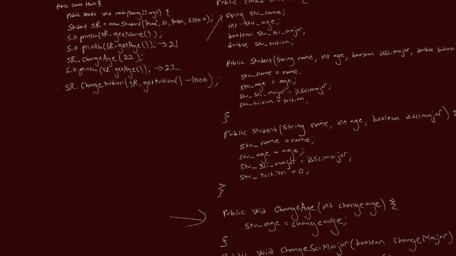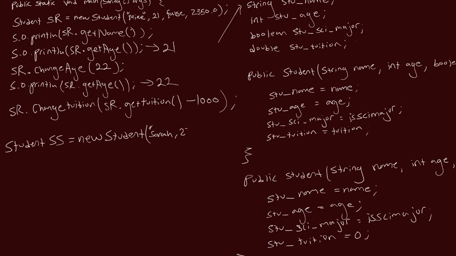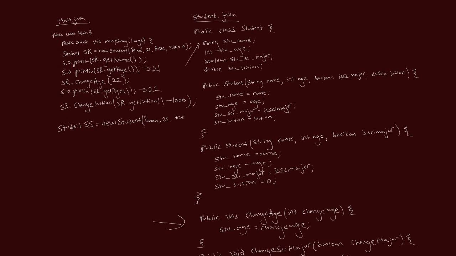Now let's set up another portfolio for our student who has a scholarship. So we'll call it SS, student with scholarship. So we have to do student SS equals new student. This person's name will be Sarah. They are 23. They are a science major, and we're calling this constructor, the constructor for the ones who have tuition.